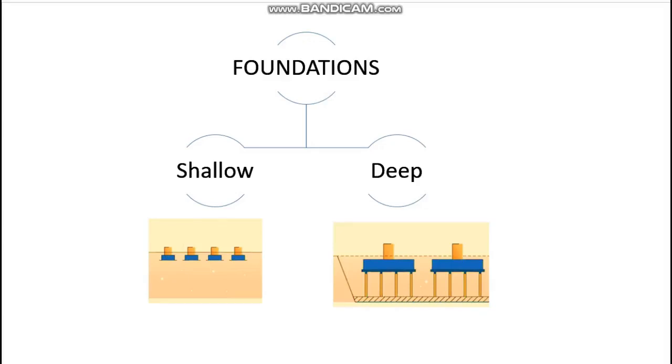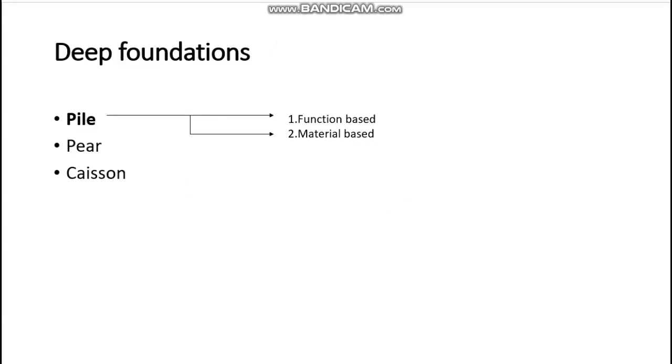Now we are focusing on deep foundations, where the depth of the pile is large compared to the width of its base. Deep foundations are majorly classified into three types: pile foundations, piers and caisson foundations. We are focusing on pile foundations right now.